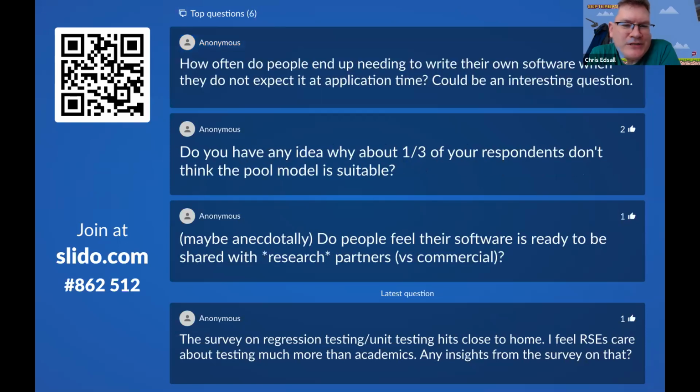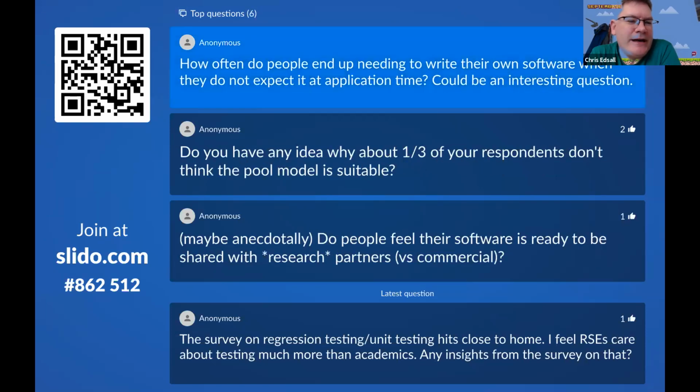So Anonymous asks about unexpected software. How often do people end up needing to write their own software when they do not expect it at application? I guess that's grant application time. I don't have an evidence-based answer for this. I would really like to have one, so I can answer on the basis of my experience and the team's experience.